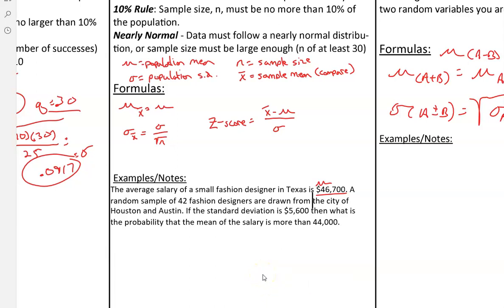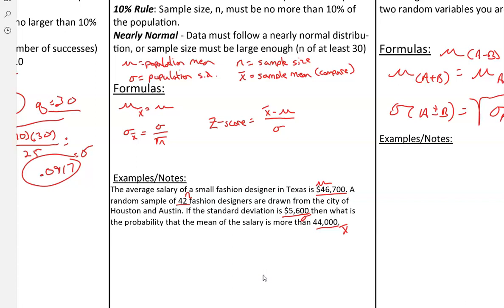And a random sample of 42 fashion designers, that is our n, the sample size, we're sampling 42 people, are drawn from the city of Austin. The standard deviation is 5,600. That is our sigma. And the probability that the mean of the salary is more than 44,000. What's the probability that it's more than 44,000? So that is our x bar, our sample mean. That's our comparison.